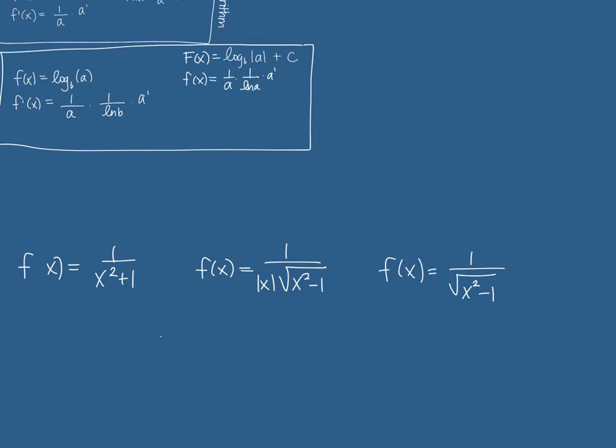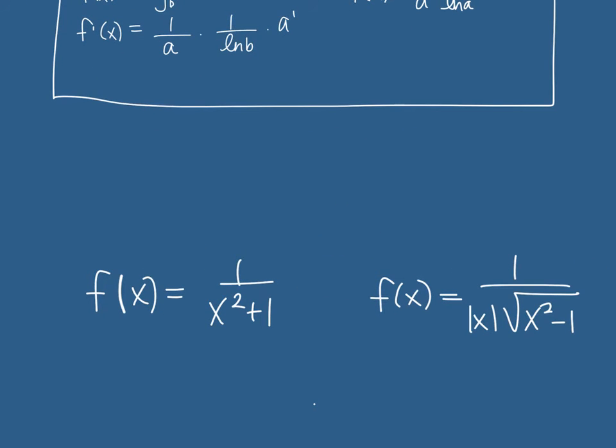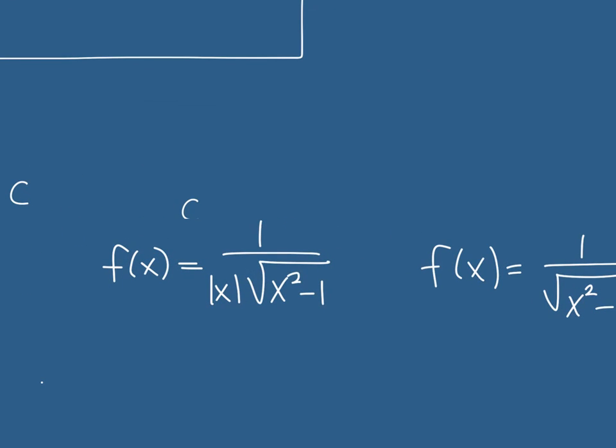Okay, so if you see 1 over x squared plus 1, that is not a natural log. That is a special case whose antiderivative is tan inverse plus c. Okay, it is a singular special case. What's the only way it would be cotangent inverse? If the numerator was negative. All right, the one right next to it is again a special case. It's sort of a dead giveaway. If you see something with a square root and absolute values in it, it's so awful looking that you'll hopefully recognize it.